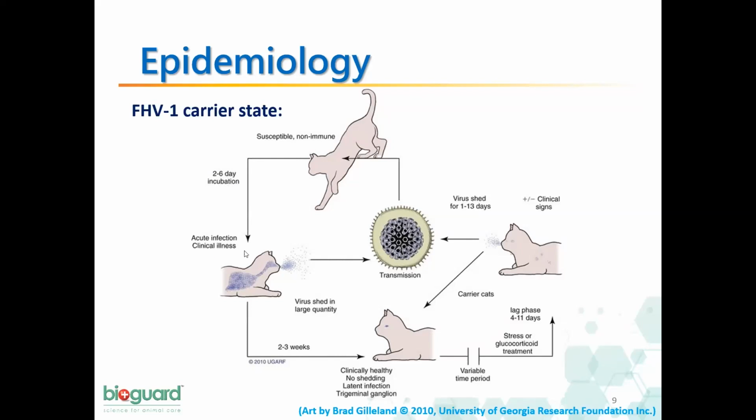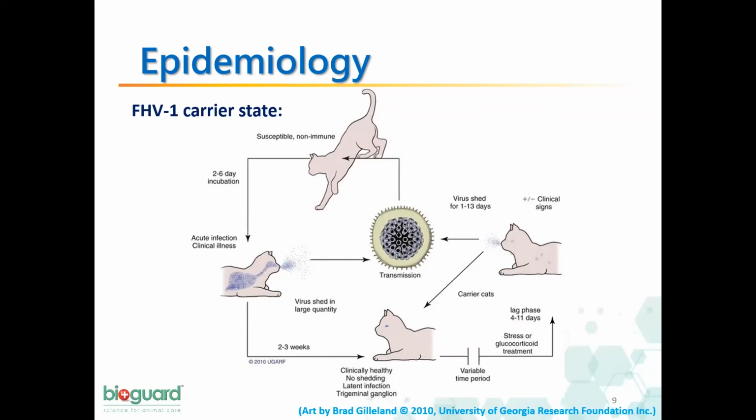And then the acute infection will start with some clinical signs, and the cat will start shedding the virus in large quantity. However, after 2 to 3 weeks, these clinical signs will improve, but the virus will enter the latent infection stage, where you will not see the clinical signs, but the virus will still be present inside the host.